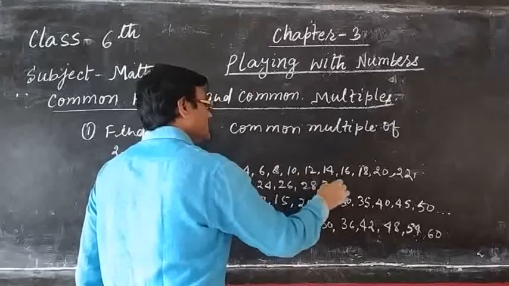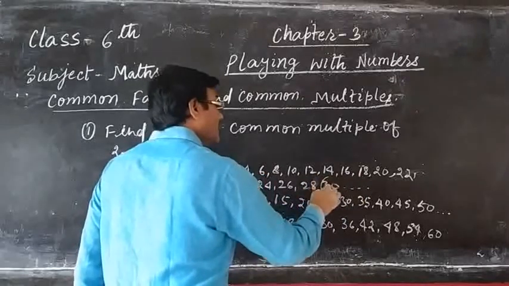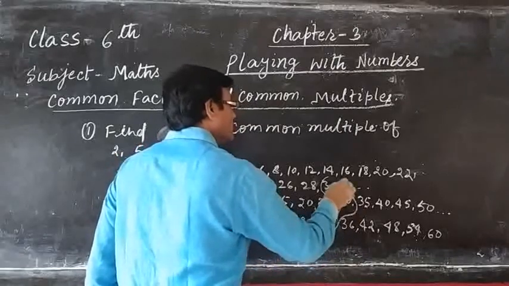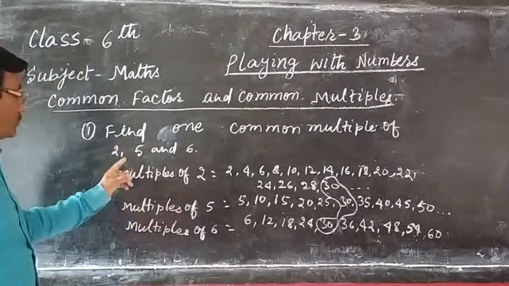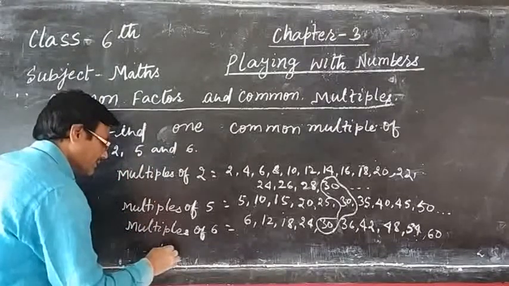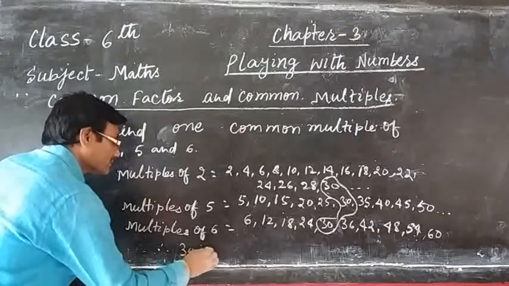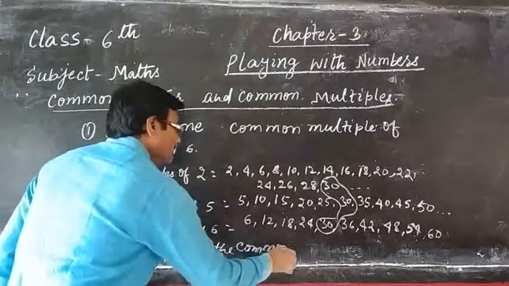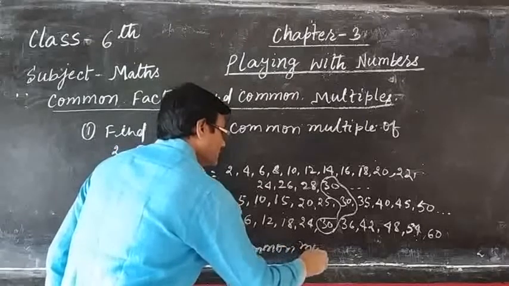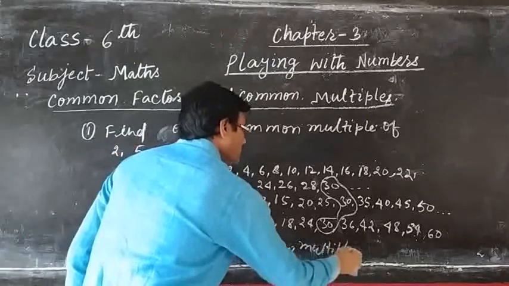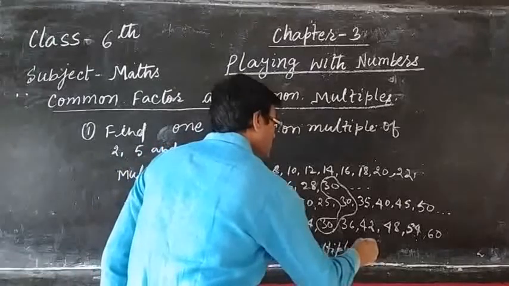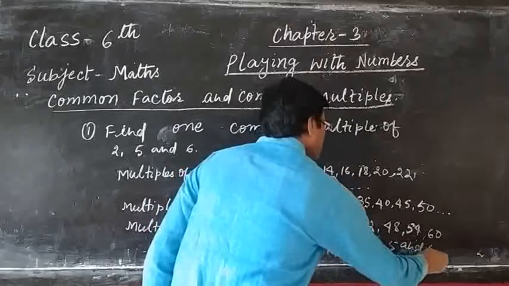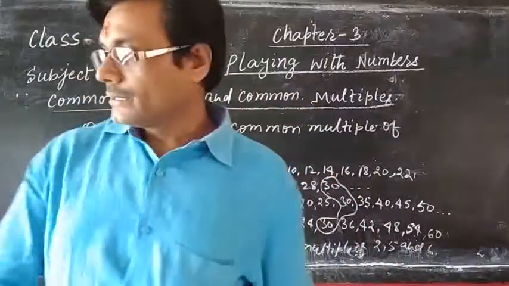So children, here 30 will be the common multiple of 2, 5 and 6. Therefore 30 is the common multiple of 2, 5 and 6.